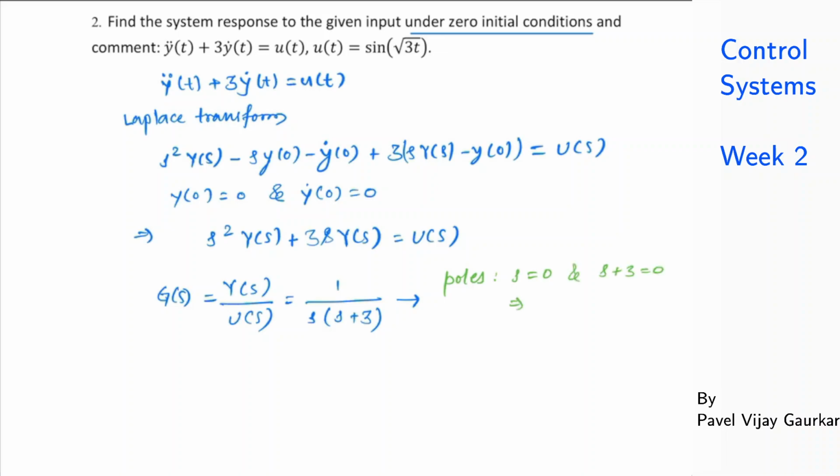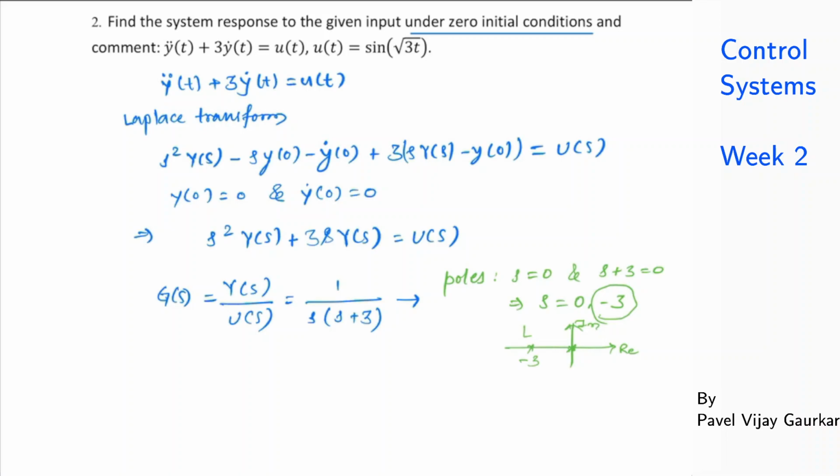That implies s is equal to 0 and minus 3. So this pole, minus 3, is on the left side of the complex plane, and this pole is at the imaginary axis. Such systems are unstable, and in certain cases it's also referred to as a marginally stable system.